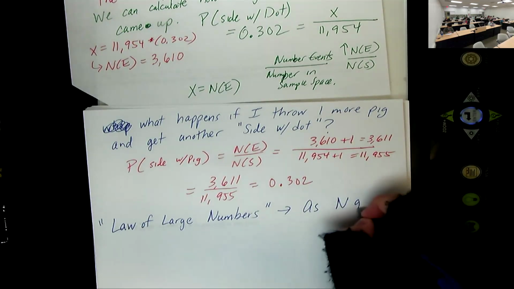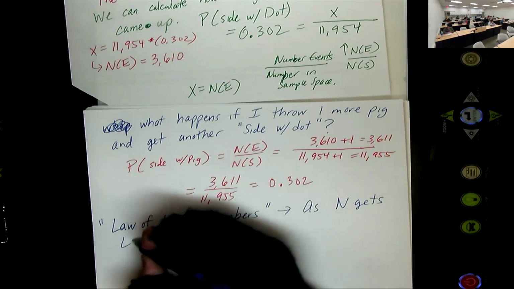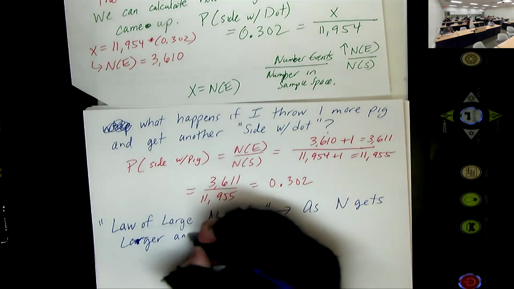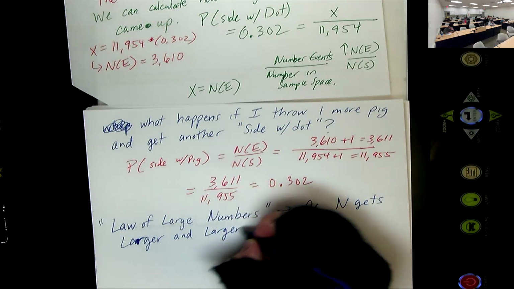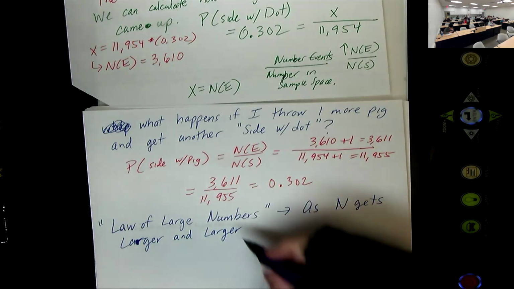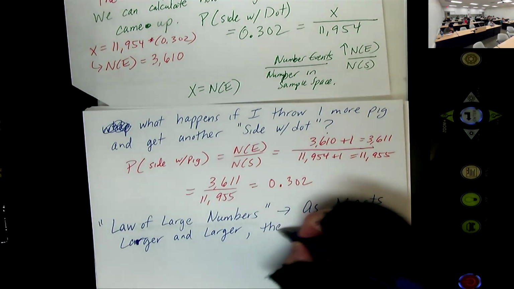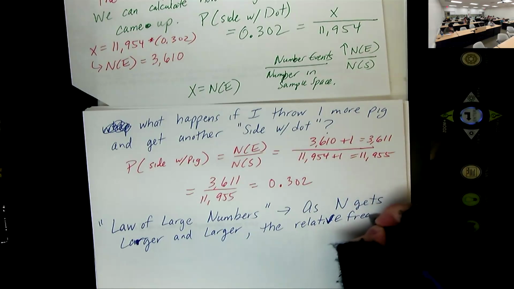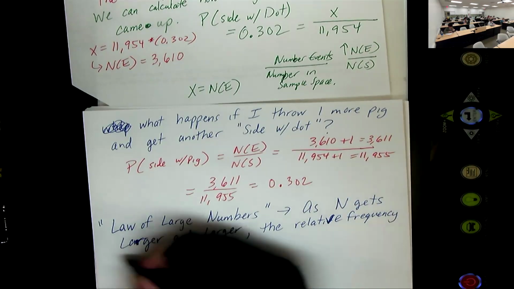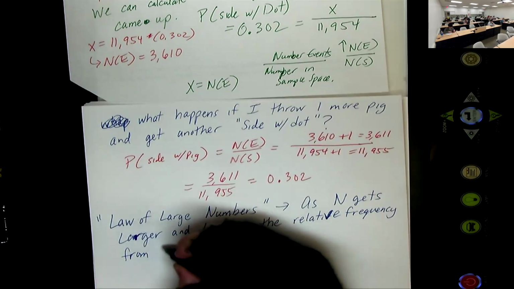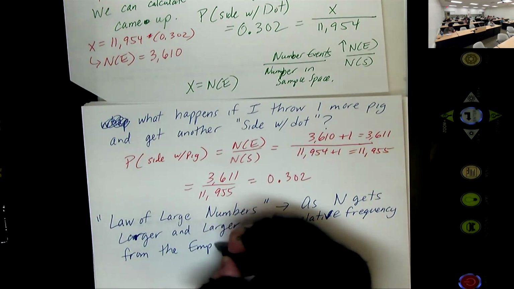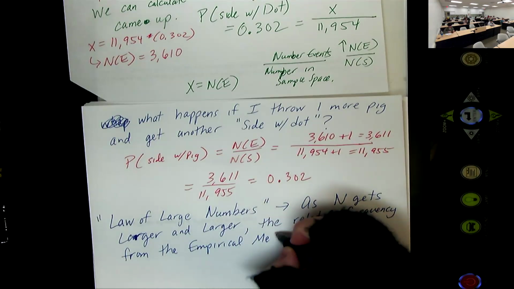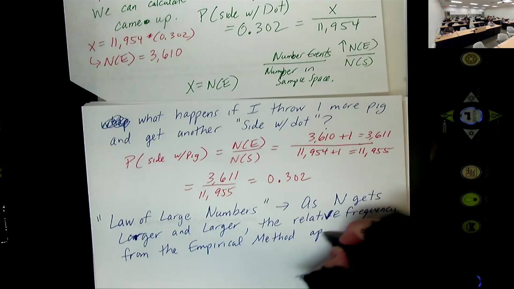As n gets larger and larger, the relative frequency in the empirical method approaches the true probability.